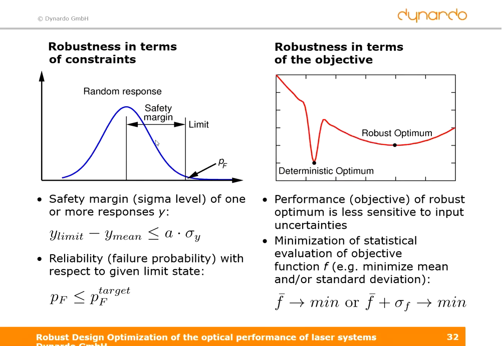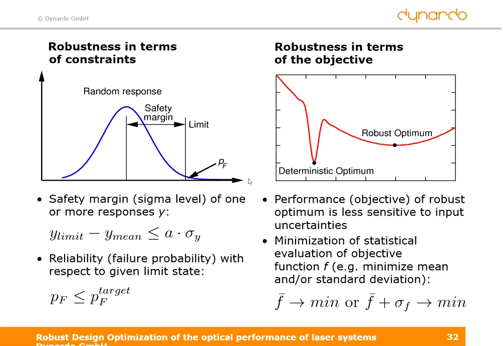And how you define your robustness depends, of course, on your application. The most famous one might be this definition by the sigma level. So you have a distribution of your response around the optimum, and you want that a particular limit is not exceeded. And for this limit, there is also a failure probability to exceed the limit that you don't want to exceed, or that should be small, let's say.